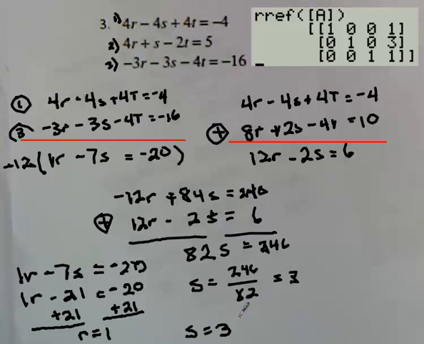So now all I need to do is to take one of the equations that have t in it and solve for t. So let's go ahead and take the second equation. So if I take the second equation over here, let's see, we have 4r plus s minus 2t equals 5.